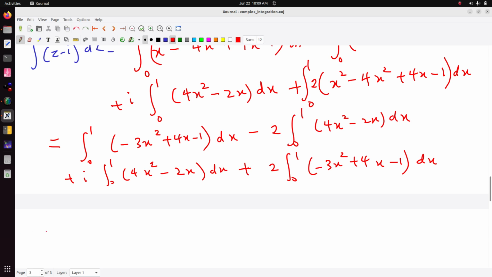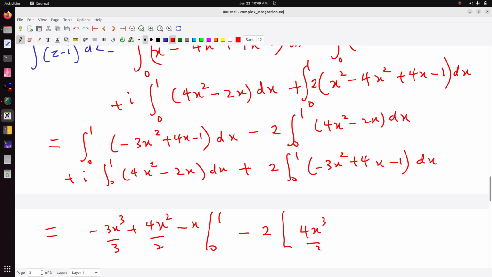If you carry out the integration for the first one, we have minus 3x cubed over 3 plus 4x squared over 2 minus x, and the limit is from 0 to 1. For the second one, we have minus 2, then 4x cubed over 3 minus 2x squared over 2 from 0 to 1 as well.